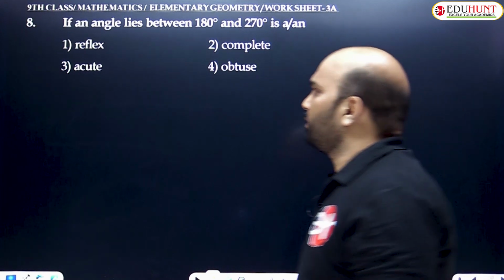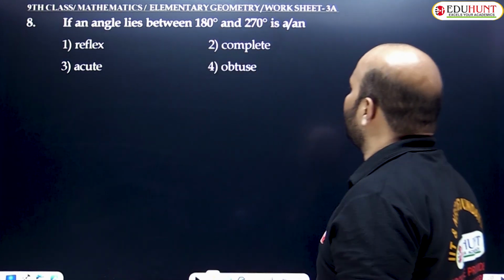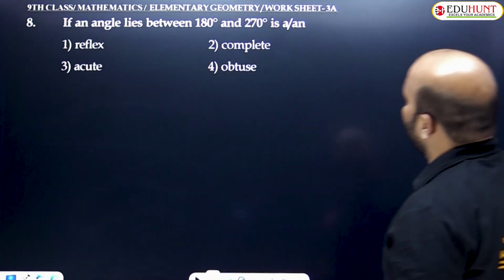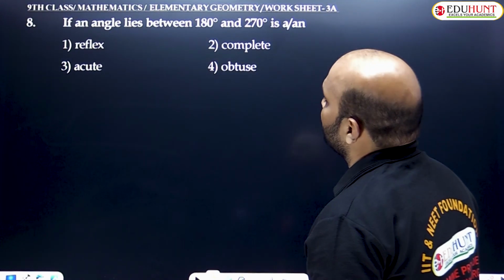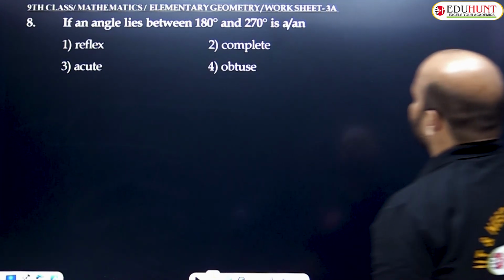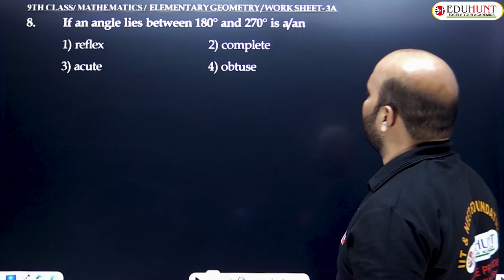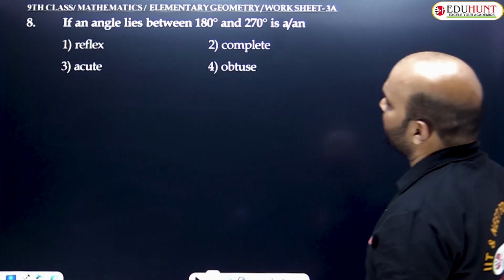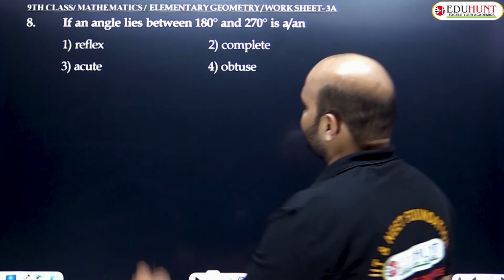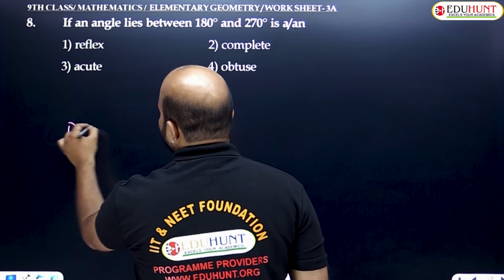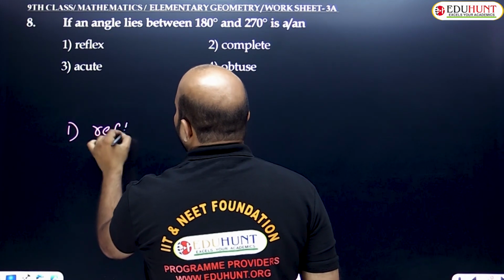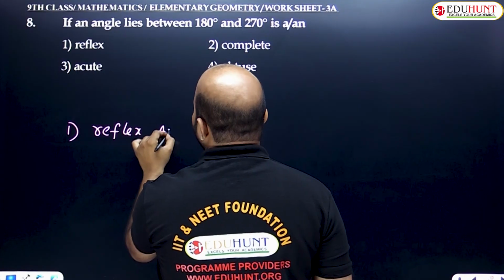Let's go to question number 8. If an angle lies between 180 degrees and 270 degrees, it is a dash angle. The first option is reflex angle, second option complete angle, third option acute angle, fourth option obtuse angle. I need to explain all options. So what is the reflex angle?